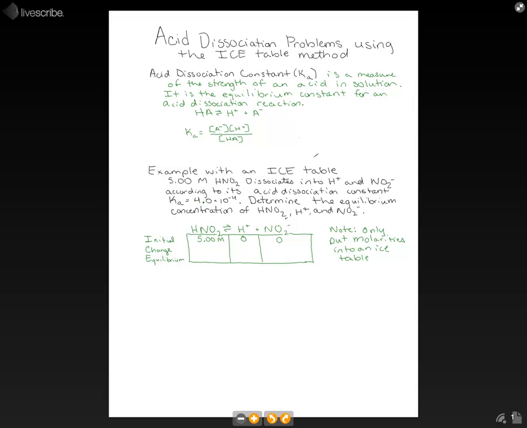So next we're going to look at our change. Let's write down our steps so far so we can keep up. The first step we did is put in our initial concentrations.